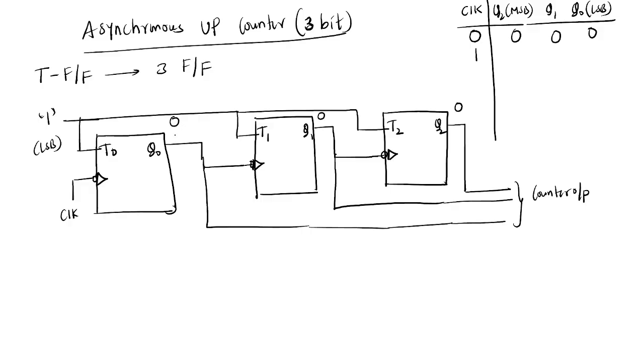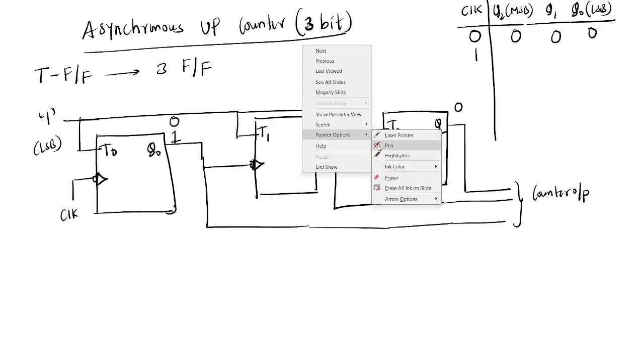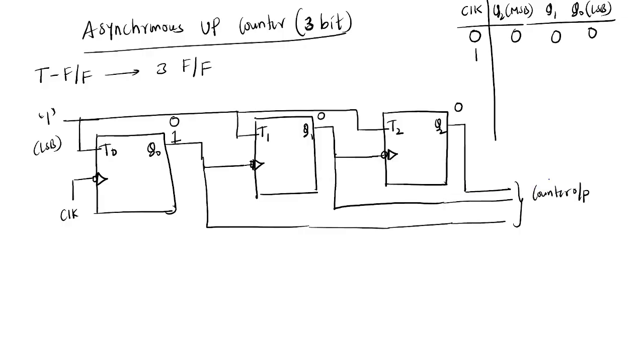This will toggle, meaning this becomes 1, and the next one is negate. Negate means it is going from 0 to 1. Is this a positive edge or a negative edge? The clock is negated, but it is changing from 0 to 1.